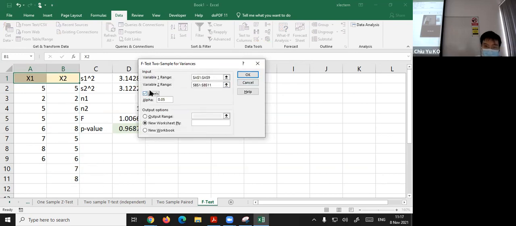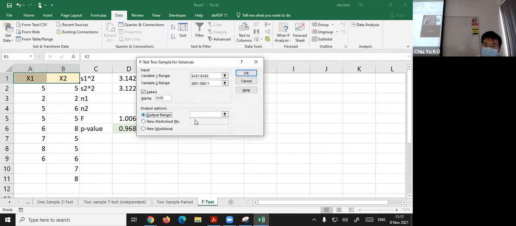Okay, you have labels. You put the output range here. So this is the same as the t-test. You use F for variance, and then you're done. You just tell them where to output.